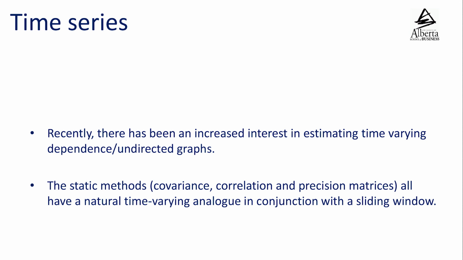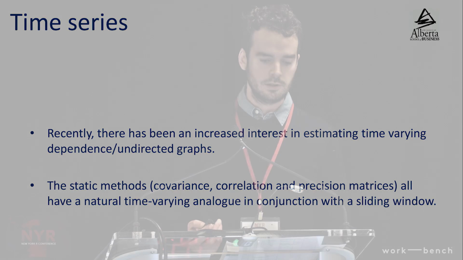So time series, okay? Assuming that we have, say, 8 time series over time, if we want to measure the dependence, we could simply calculate or estimate the correlation matrix. Alternatively, we could also estimate the precision matrix, which is just the inverse of the covariance matrix.